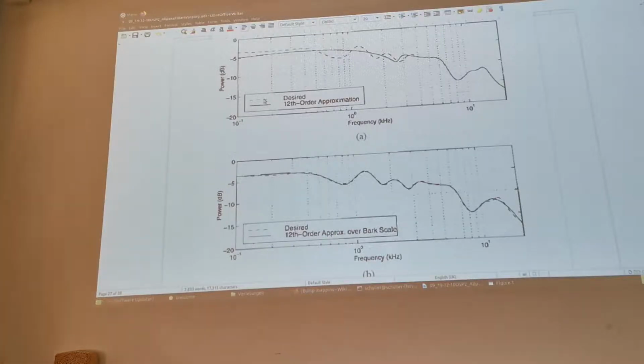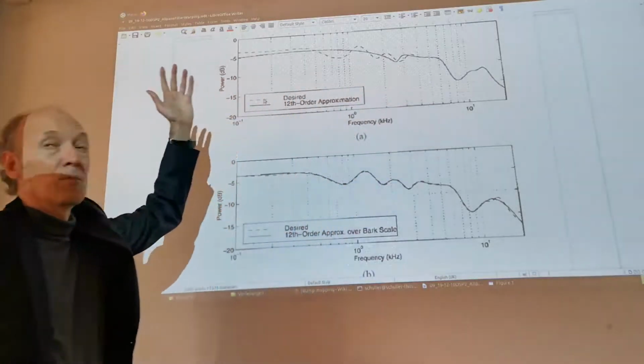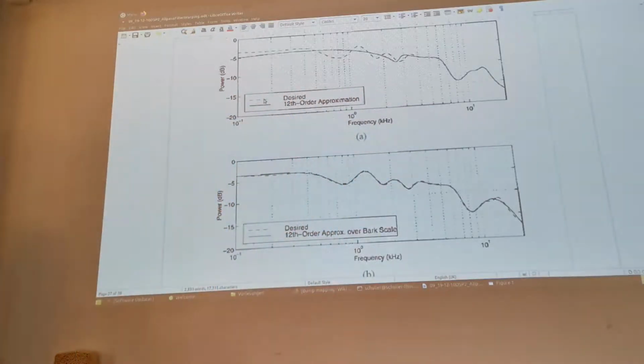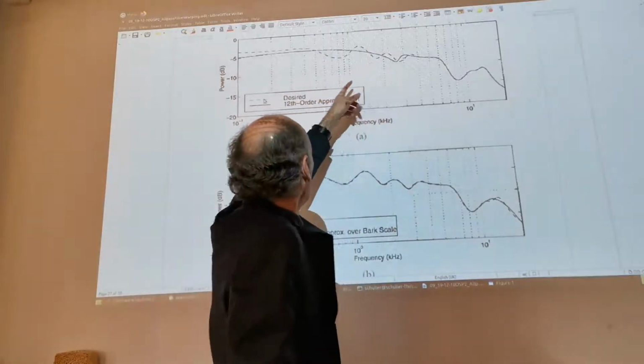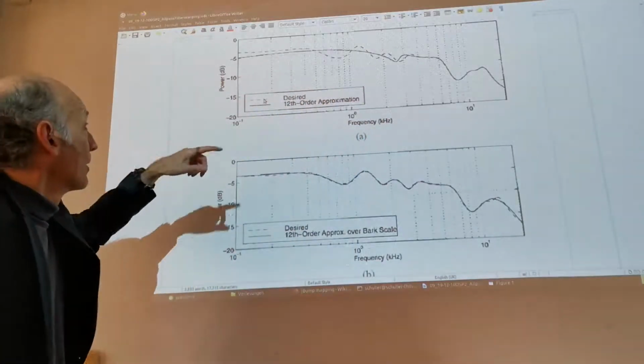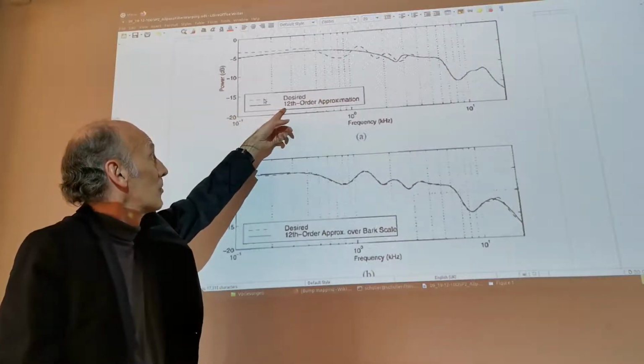So the dashed line, for instance, might be something like a mask threshold, or maybe from a hearing aid, a desired frequency response, whatever.